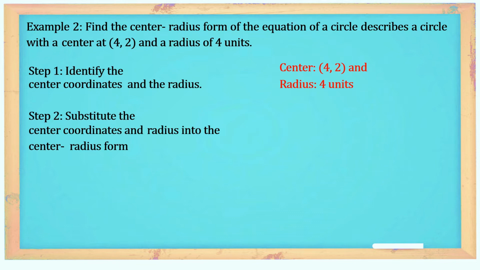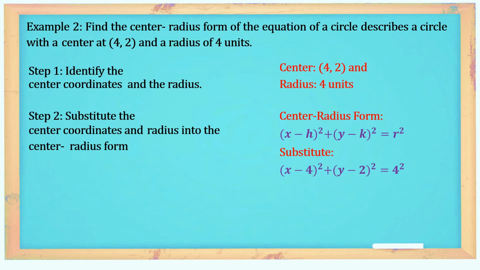Then, step 2, substitute the center coordinates and radius into the center radius form. The center radius form is (x - h)² + (y - k)² = r². So let's substitute the given values into our center radius form.